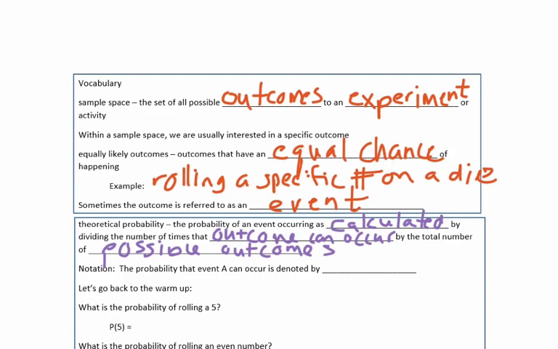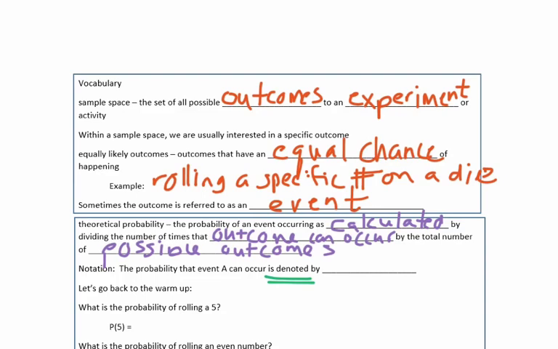Now, the notation: the probability that event A can occur is denoted, let me use a different color. The word denoted has to do with the way something is written. We use that when we're talking about the way we denote a function is f of x. We're talking about the type of notation that we use.